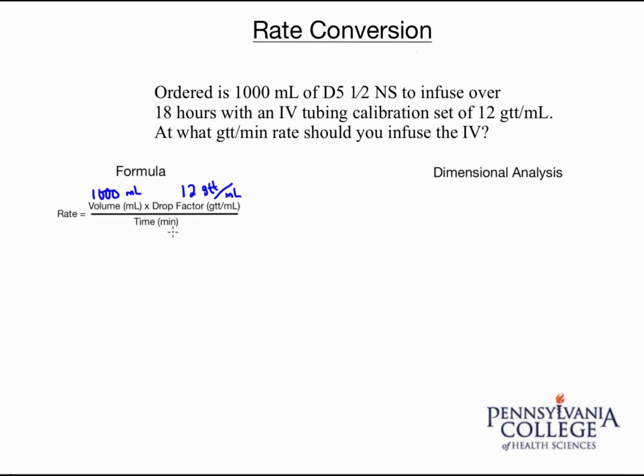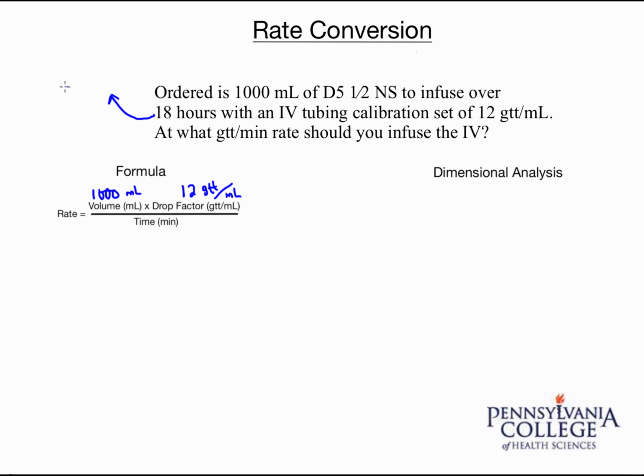The time needs to be inserted in the denominator. I am told the infusion time in this problem, up here, is 18 hours. If you plug 18 in as the denominator, it will be wrong. What we need to do is to first convert 18 hours into minutes. And I can do that by multiplying it by 60.